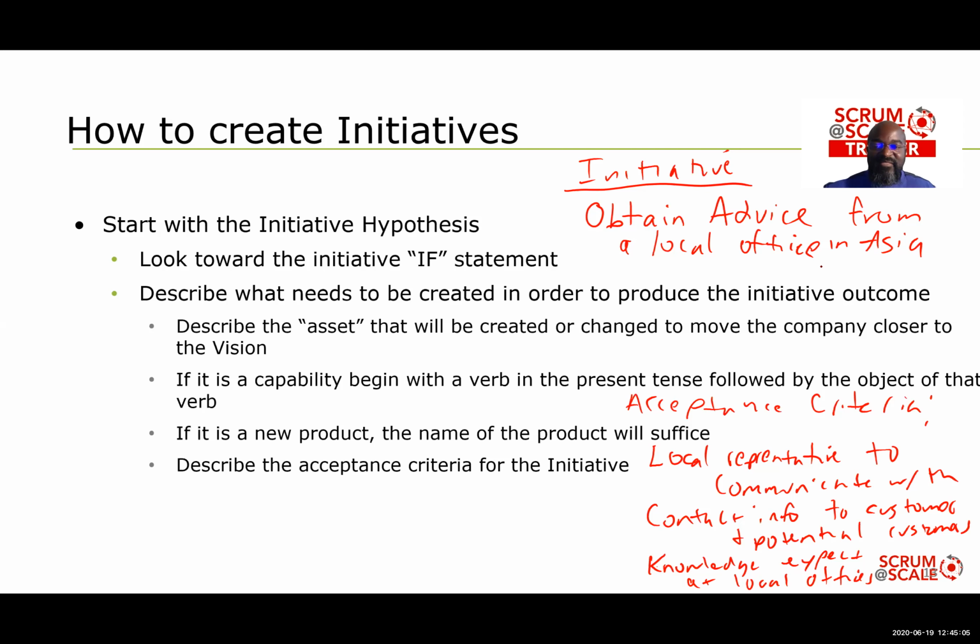You want to have all this labeled out so that you know you have successfully been able to conduct the initiative so that the customer can actually accomplish the goal. Hopefully this is enough detail on how we actually create these initiatives.